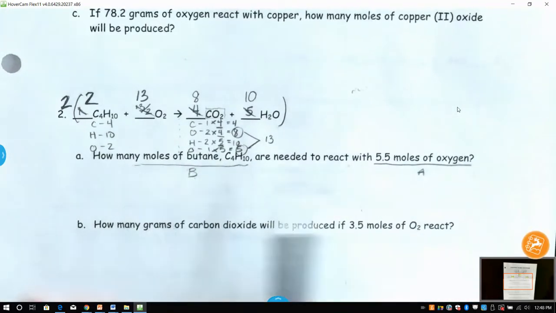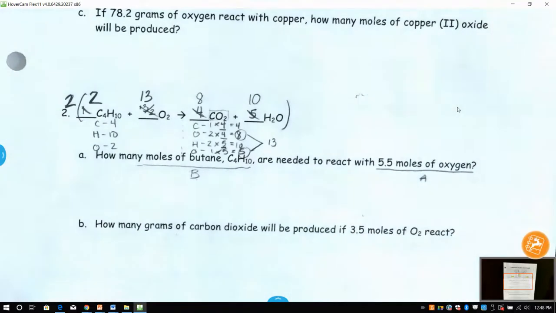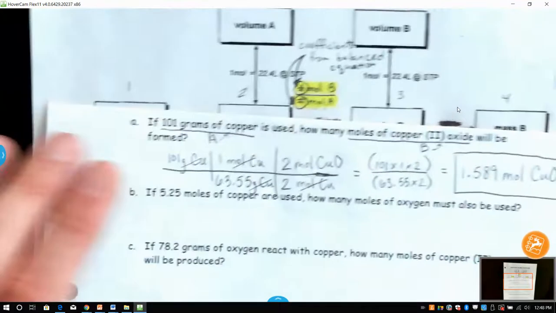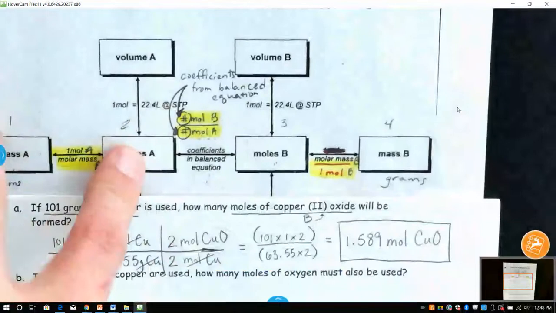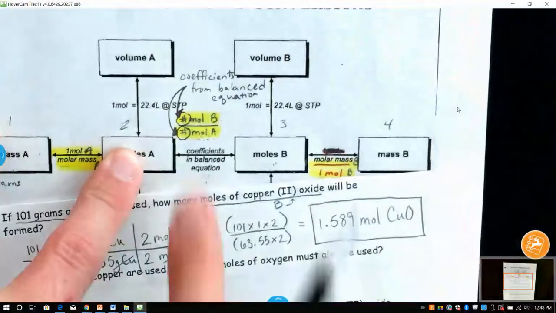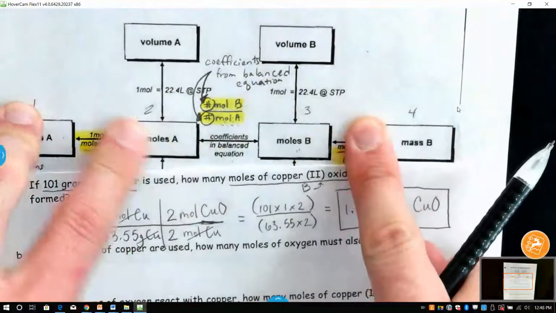Because that's what we're looking for. In letter A, they said, okay, you have 5.5 moles of this substance. That's our starting point. That's letter A. Substance A for the easiest use of the chart. B is what we end up looking for, right? So we're always going to be given one substance and asked to figure out how much of another that can get us.